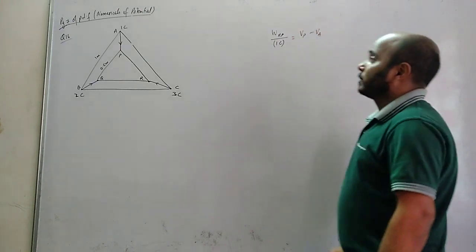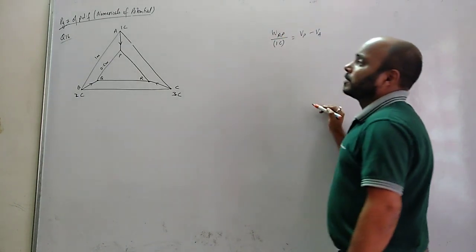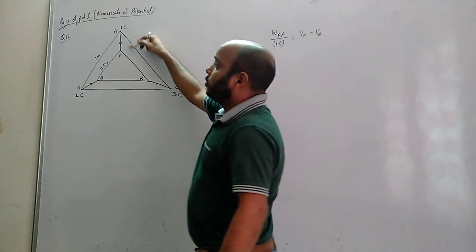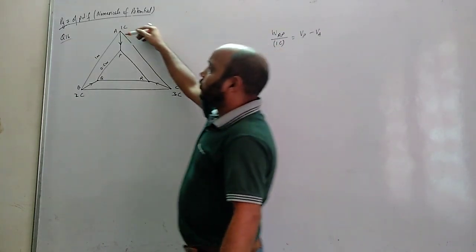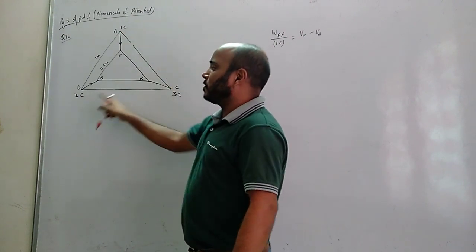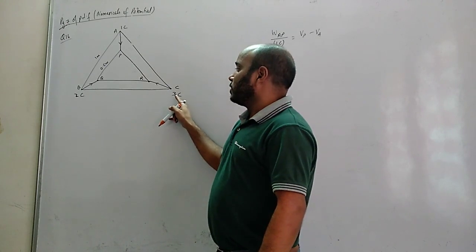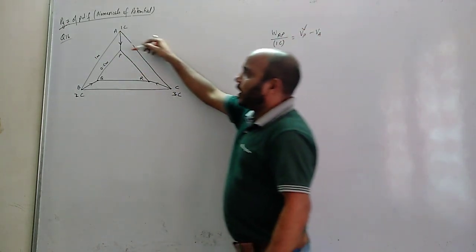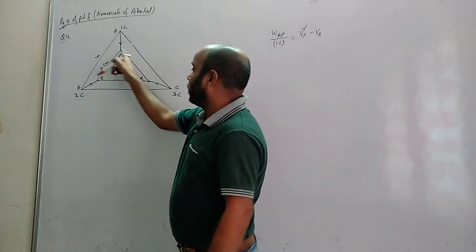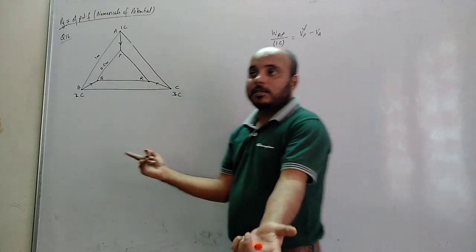This is what I do, no? Yes or no, class? We do this only. Work done from A to P to move 1 coulomb charge. Now this 1 coulomb charge is moving from A to here in the presence of 2 coulomb and 3 coulomb. That means the potential at P will have 2 parts: due to 2 coulomb and due to 3 coulomb. For that we need the distances, but we don't know the distances.